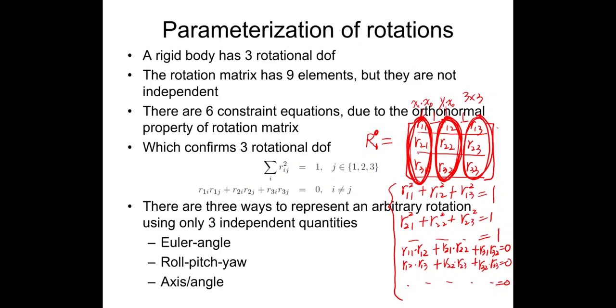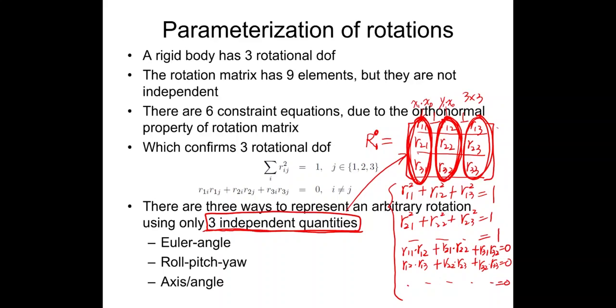So it means we only have 3 independent quantities, because these 6 equations limit the elements. It means that if we know 3 independent quantities, we can know the final rotation matrix. We can calculate all these 9 elements.